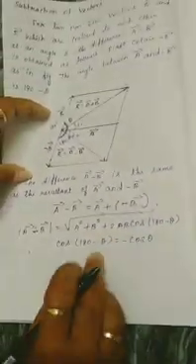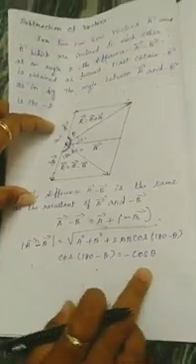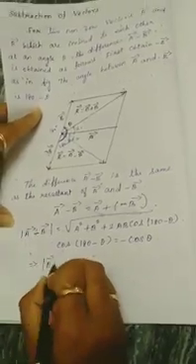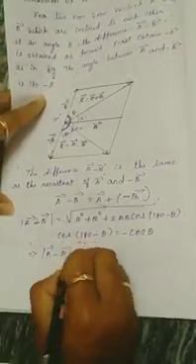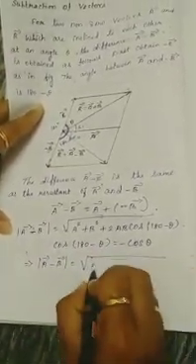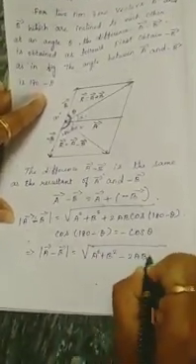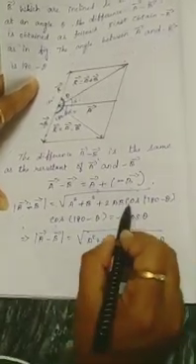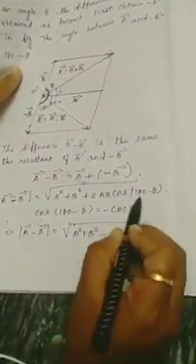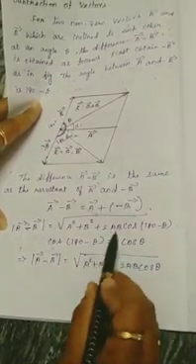Since cos 180 minus theta is equal to minus cos theta in trigonometry, the modulus of A minus B is equal to the square root of A square plus B square minus 2AB cos theta, because cos 180 minus theta is minus cos theta.